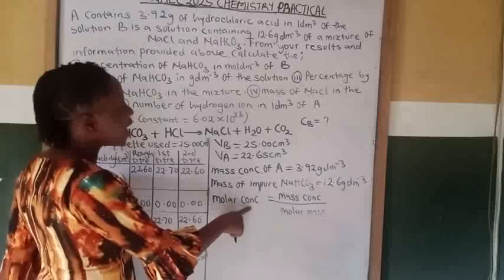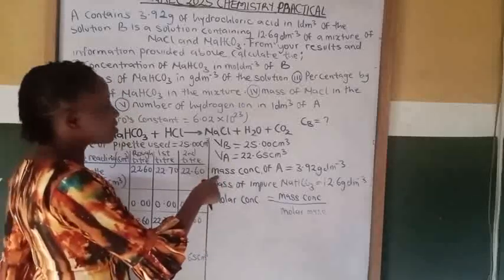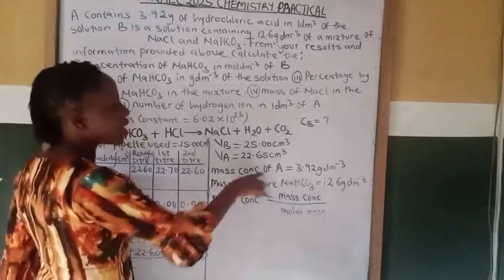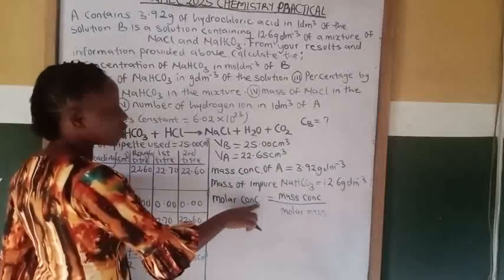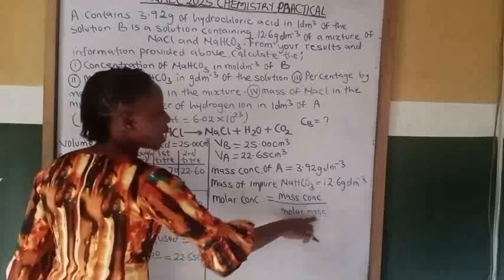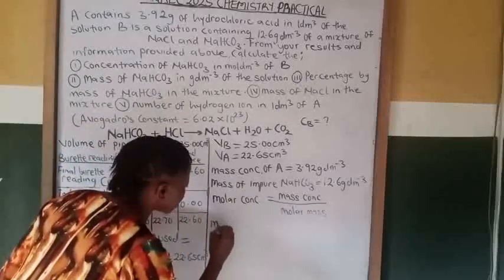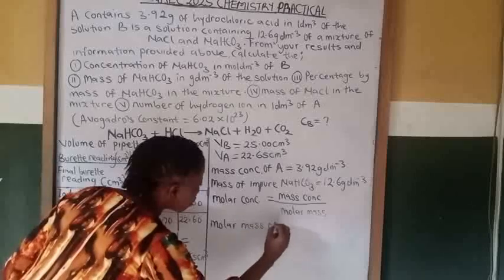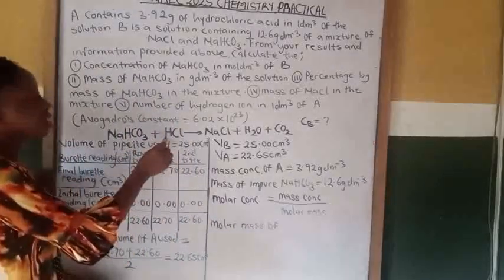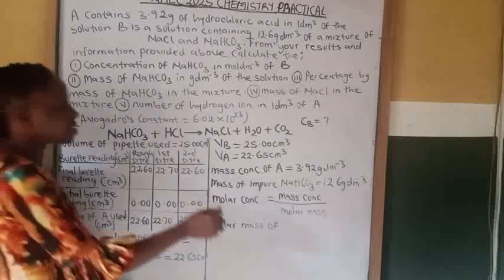Please don't abbreviate, write it fully. Since I have the mass concentration of acid, I can look for the molar concentration of acid. I will just need the molar mass of acid. So my acid is HCl.